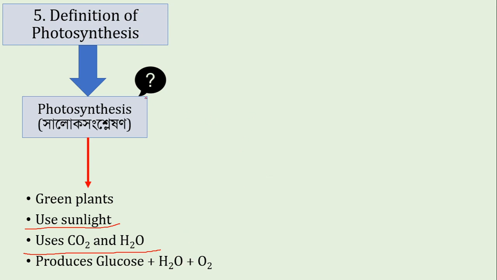We know that for photosynthesis 4 elements are absolutely necessary. The first two are raw materials, carbon dioxide and water, and the reaction site should be chlorophyll, and the energy should be light energy. They are the 4 essential requirements to perform photosynthesis.